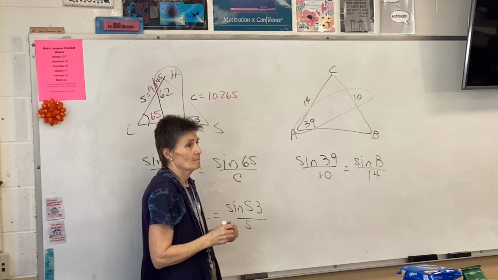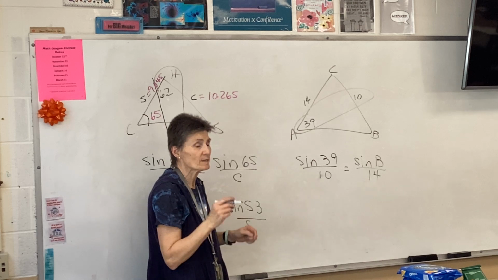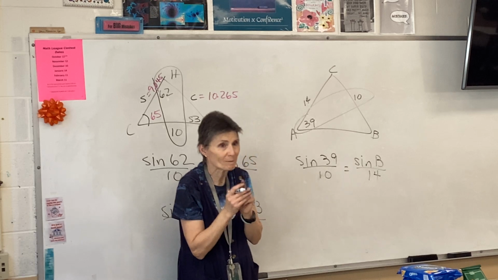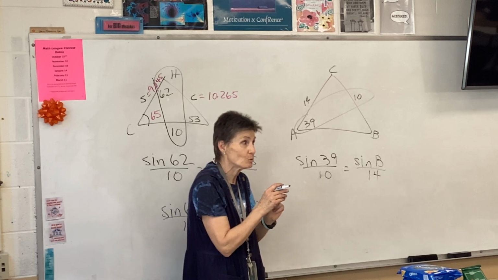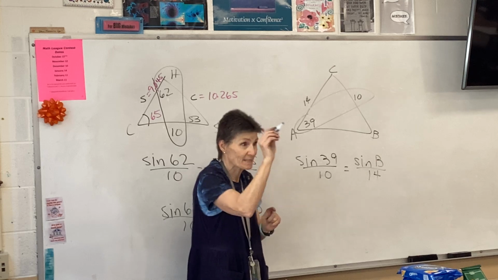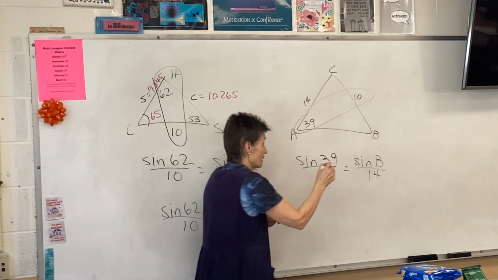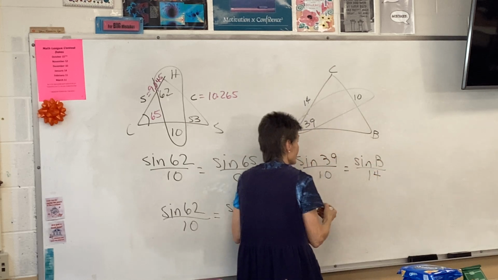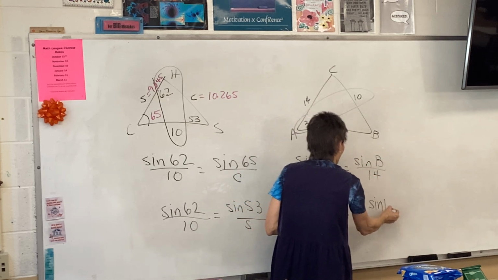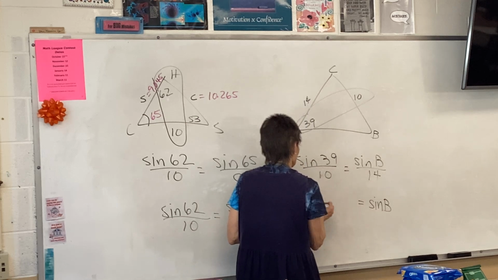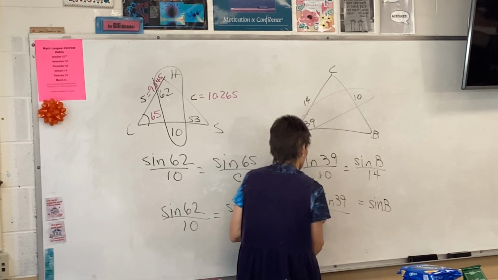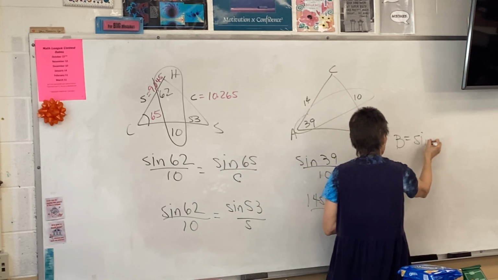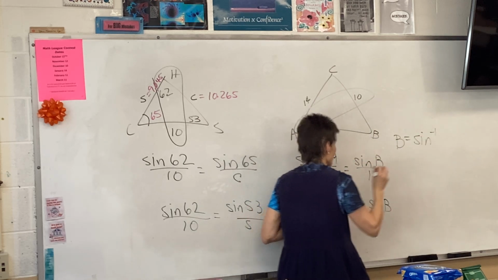Now, this one is going to be a little trickier because in order to find angle B, you're going to need to do your inverse sine, your second sine. You can't solve for it straight up. So I am going to type in inverse sine of that fraction.